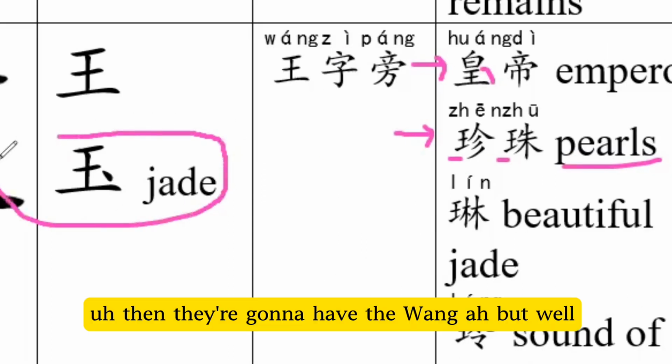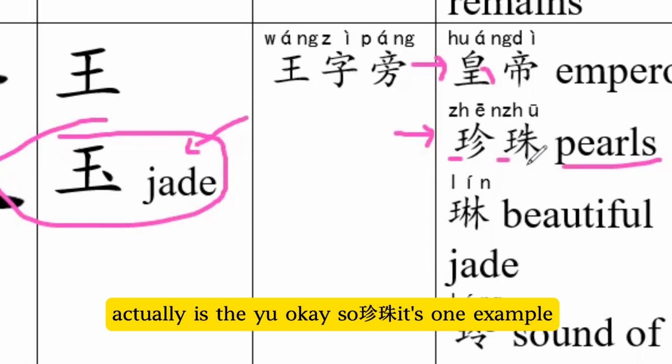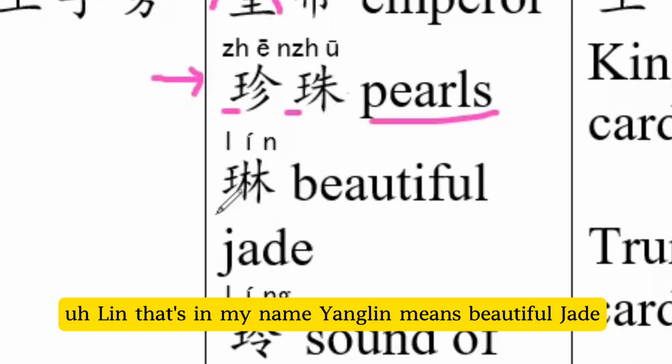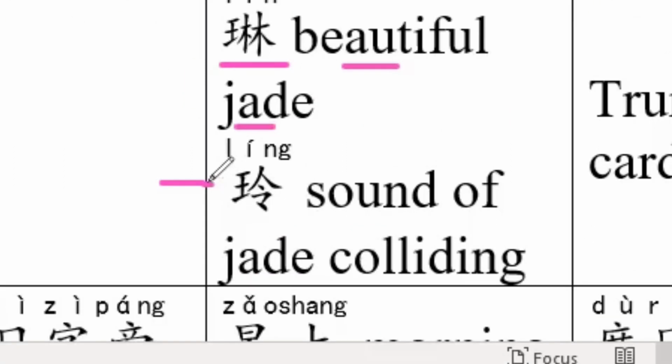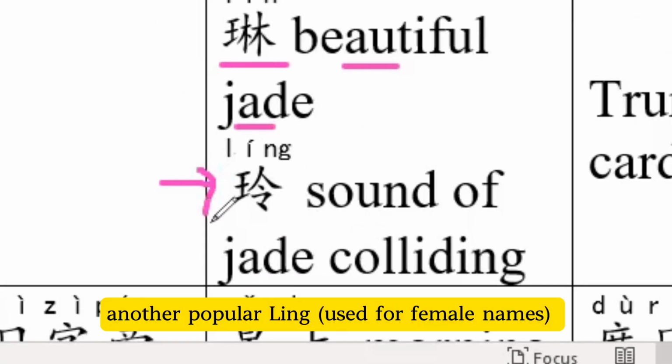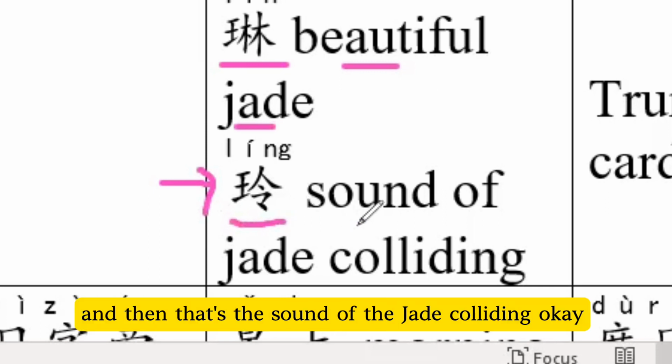Then they're gonna have the Wang, but actually it's the Yu. So 珍珠 is one example. Ling, that's in my name. Yang Ling means beautiful jade. Another popular Ling is this Ling, and that's the sound of the jade colliding.